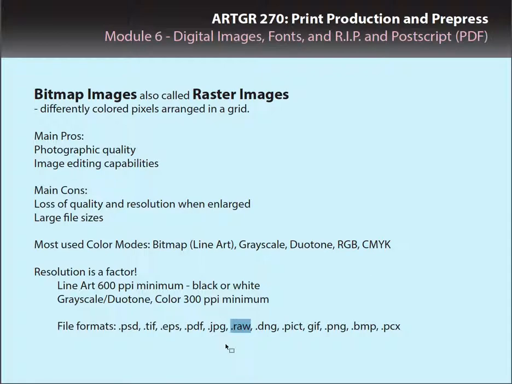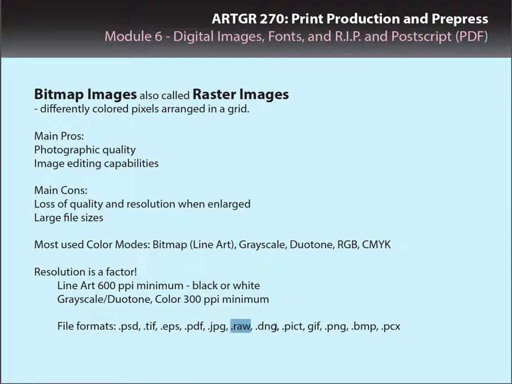So you get higher quality images with better tonal range, better definition, and a wider range of color. However, different camera manufacturers have different settings for their RAW files, so it's not standardized.